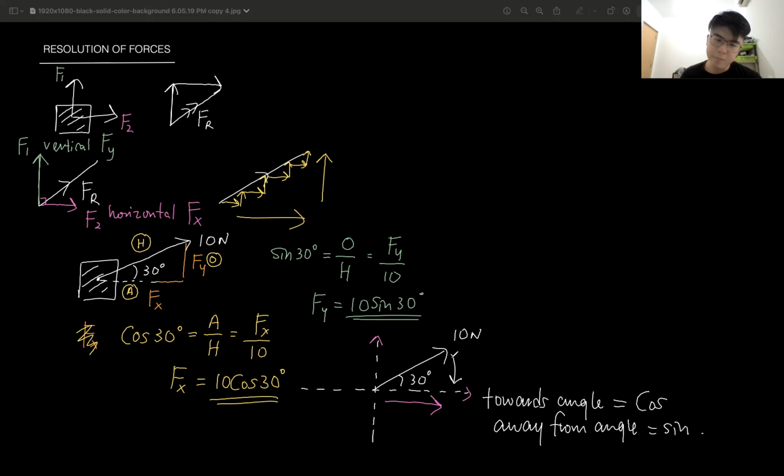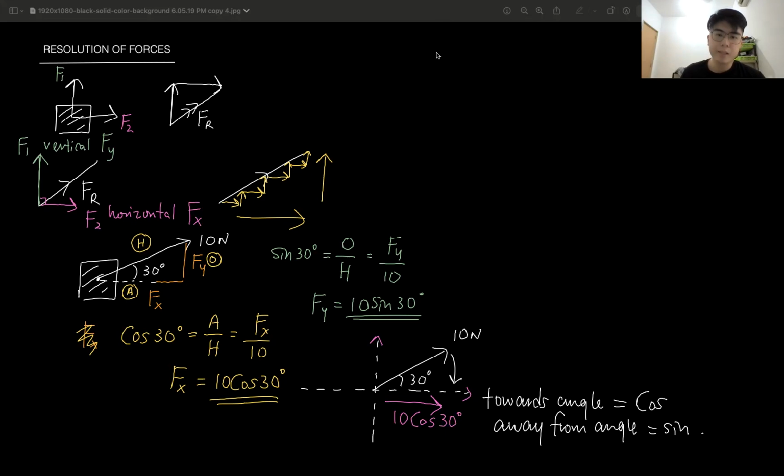So if I bring this arrow down, I'm moving towards the 30. You can imagine that the 30-degree angle pulls the arrow downward. So I'm moving towards it, then I'm going to use cos. So cos what? The 10 Newton, the vector that I'm pulling down. 10 Newton cos 30. That is my horizontal component.